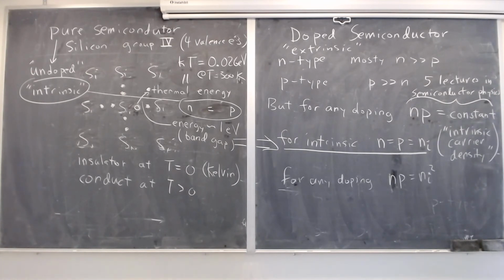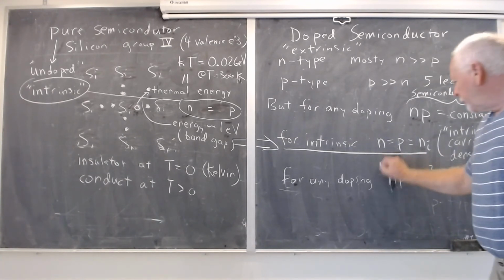And for those of you who have taken semiconductor physics, you know that it comes from the fact that you have Fermi levels relative to the conduction and valence band, and as you vary the doping, you vary the Fermi level, but as you vary the Fermi level in one direction or the other, it works out when you do the quantum mechanics and stuff that N times P is a constant. So let me put a box around this.